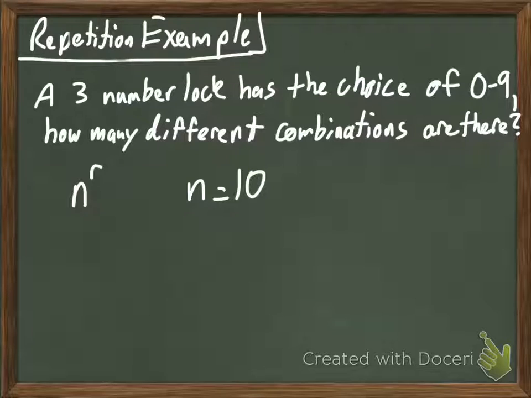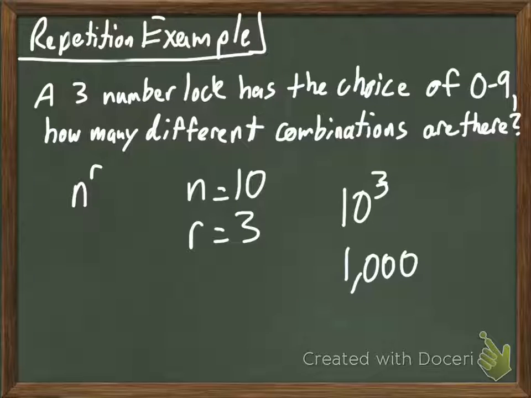We have 10 choices of numbers. r is how many we're choosing, and we're choosing 3. So what that becomes is 10 to the 3rd power. We can figure that out if we put that in a calculator, or if you just know what 10 to the 3rd is, you know that that is 1,000. So there are 1,000 possible choices here.